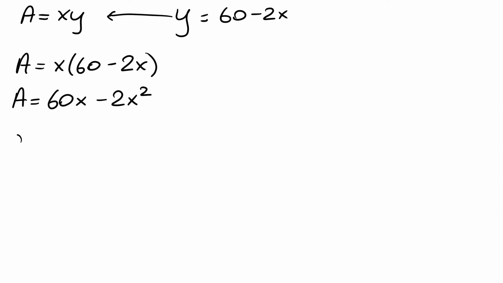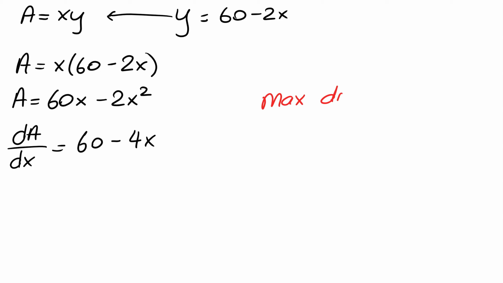So we've got dA over dx is equal to 60 minus 4x. And remember, for a max or min, dA over dx must equal 0, because the gradient must be 0 for us to find our maximum.